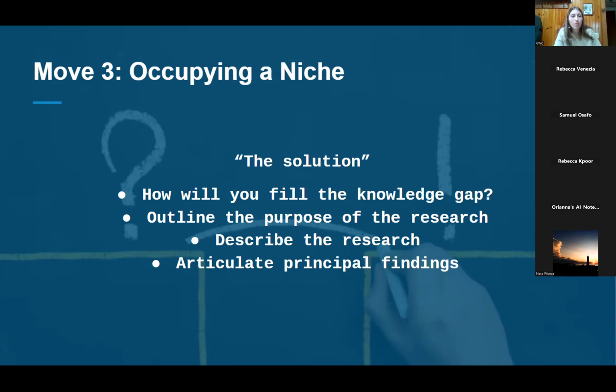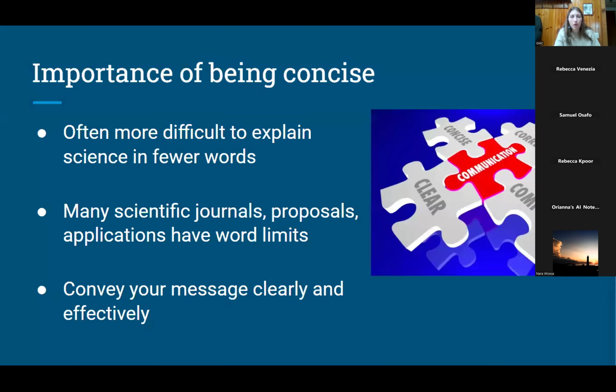Okay, so another really important part of writing abstracts is being concise. One reason is because scientists and academics are really busy people. I'm sure that you guys have done this as well. You don't often have time to read a whole paper just to understand the main point.